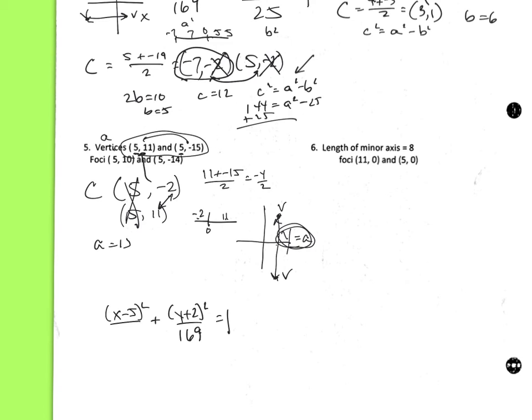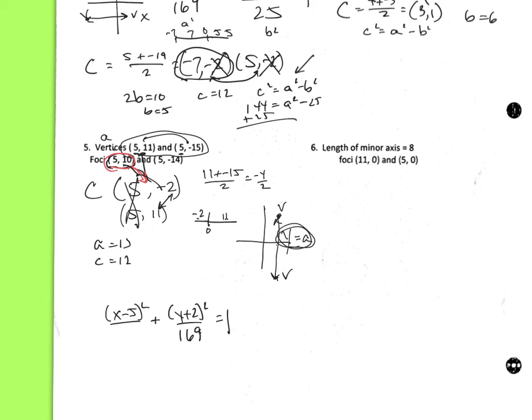Now we need B. B comes from the covertices. We don't have that. So what we can use is these focal points. So we need to know the distance from a focal point to the center. So from (5, 10) to (5, -2), that distance, right? We go 10 and 2 more is 12. That's c.